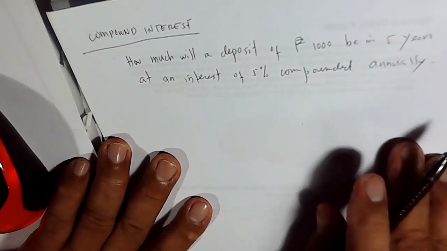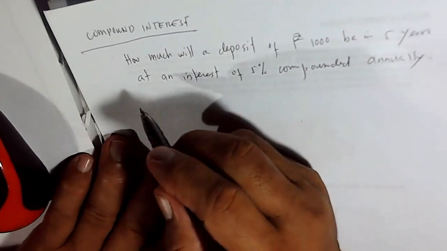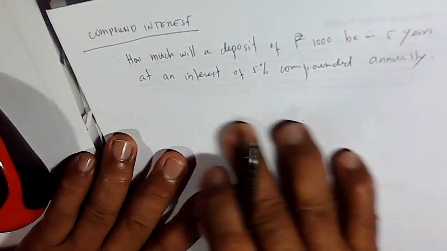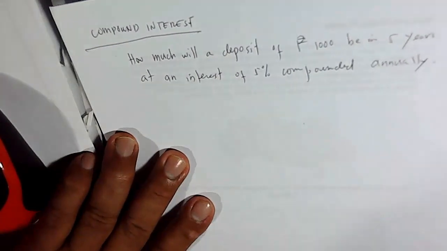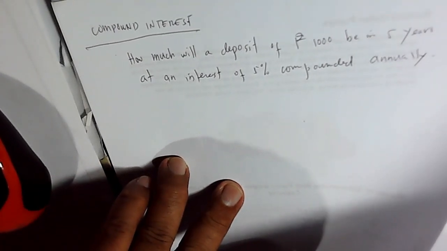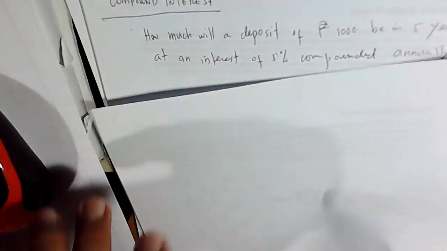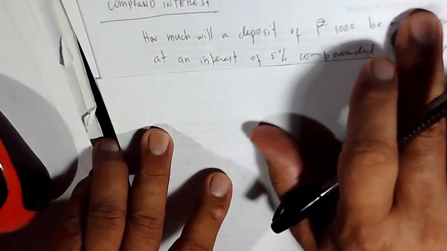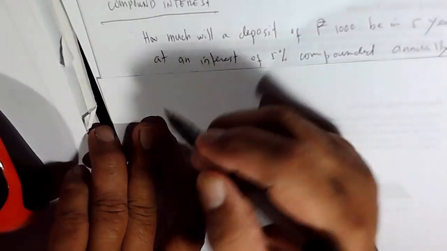So to start with, we have now F on the first year.